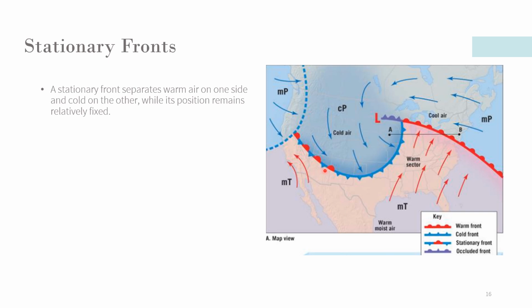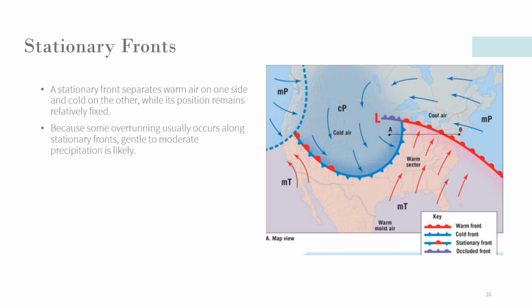In this map, it does not just show the stationary front, but also different air masses and surface winds with the direction of the arrows, and the legends here: warm front, cold front, stationary front. But for now, in this slide, we're going to focus on the stationary front.